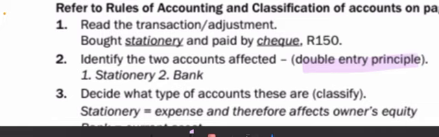I'm not saying that there can never be 3, 4, 5, 6, or whatever amount of accounts that are involved in one transaction, right? Because sometimes, let's say for example, I'm just gonna give you an example. So you see here we have two accounts that are involved because we are buying the stationery by check.